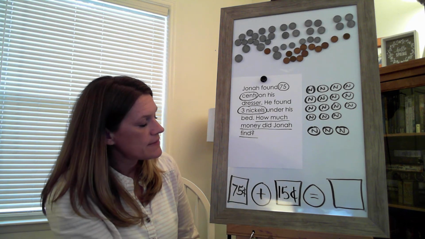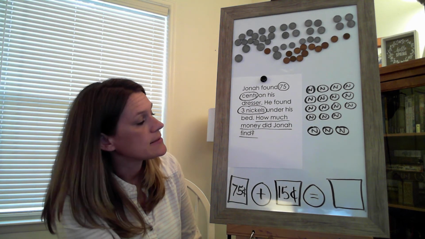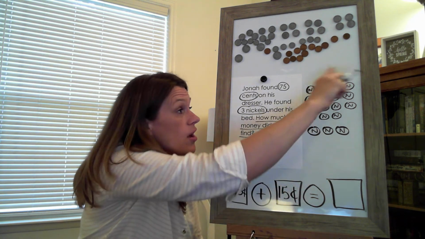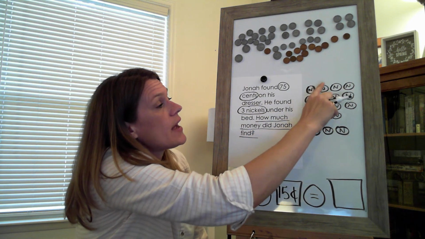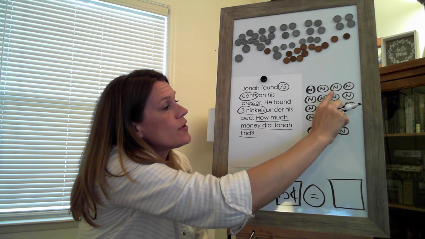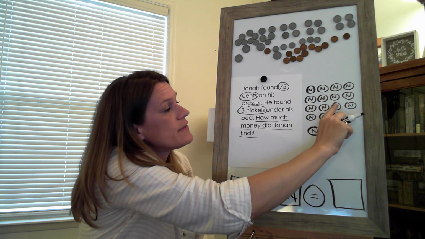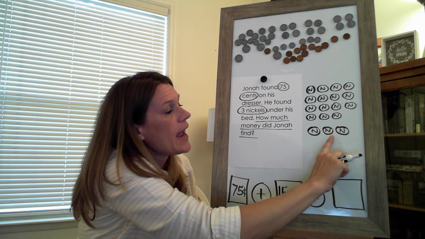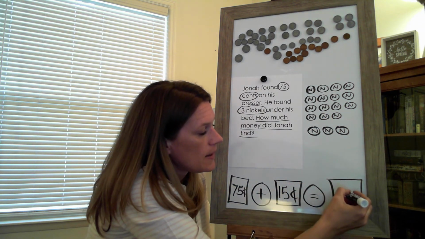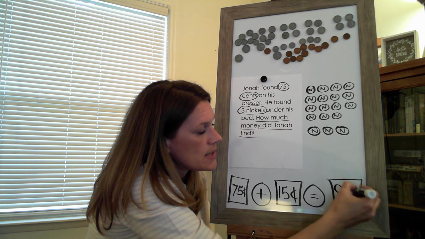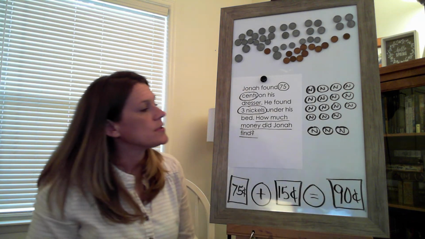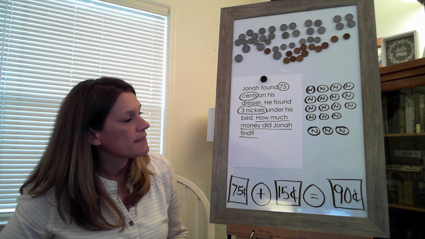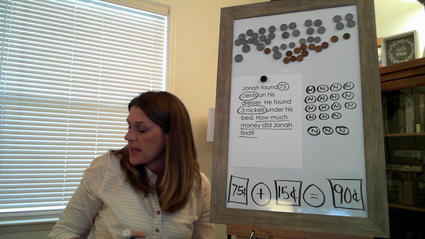So if I have 75 cents plus 15 more cents, how much money does he have all together? So now I can count all of my nickels by 5s. 5, 10, 15, 20, 25, 30, 35, 40, 45, 50, 55, 60, 65, 70, 75, 80, 85, 90. So 90 cents was found all together. Lucky Jonah. All right, well done.